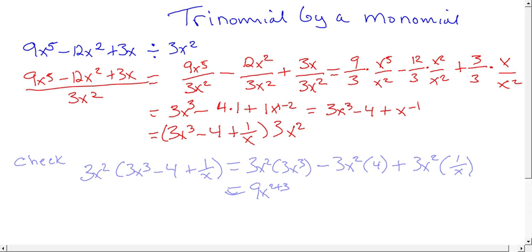Just like we subtract when we divide, we add when we multiply, and that's going to be minus 3 times 4, which is going to give us 12, and that's going to be x squared, and then here, make sure, plus 3 times 1, which is going to give us 3x squared, and the x is over x.